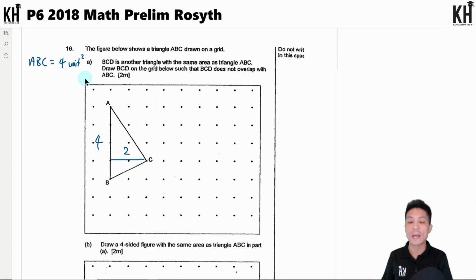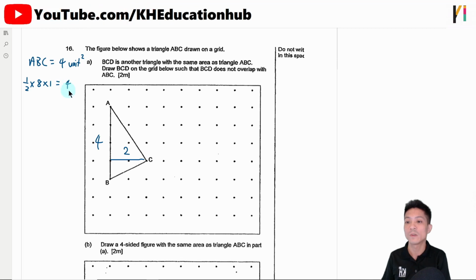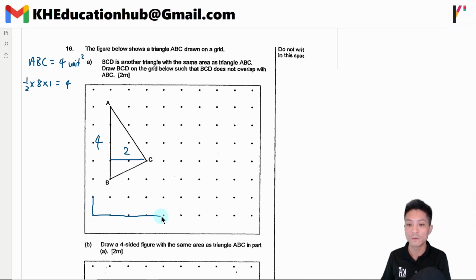Okay, so I need to draw another triangle which is something like that. What I can do is I can draw a half times 8 times 1, right? Which also gives me 4. So I'm gonna draw here 1 and 8. 1, 2, 3, 4, 5, 6, 7, 8.